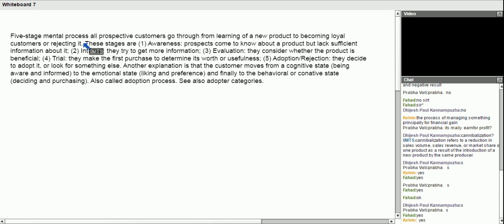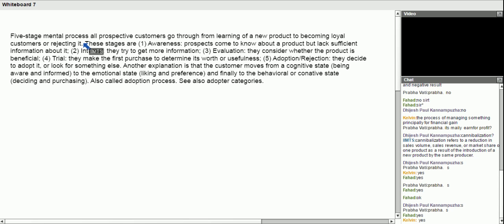The first thing is, as a prospective customer, I will try to get knowledge about that product. I will collect all the bits and pieces of that product, and I will also try to know why this product is different from what is available in the market, or how it is different.